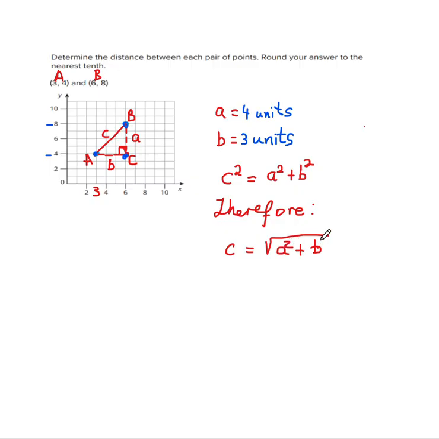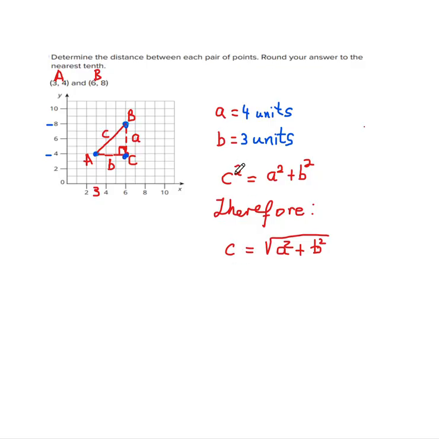So C is equal to the square root of A squared plus B squared. By transposing for C, this is always what C is going to be equal to, because we're not interested in finding C squared, we're interested in finding C itself.